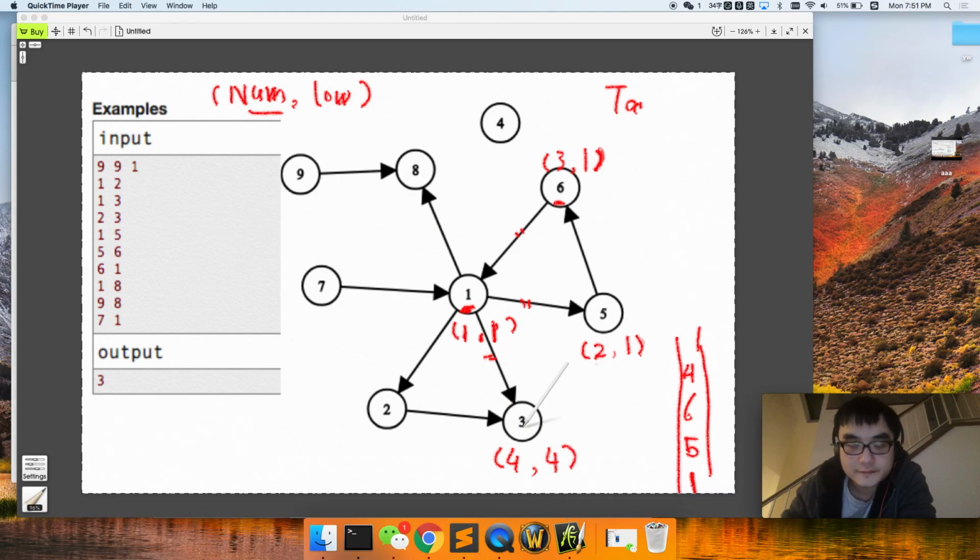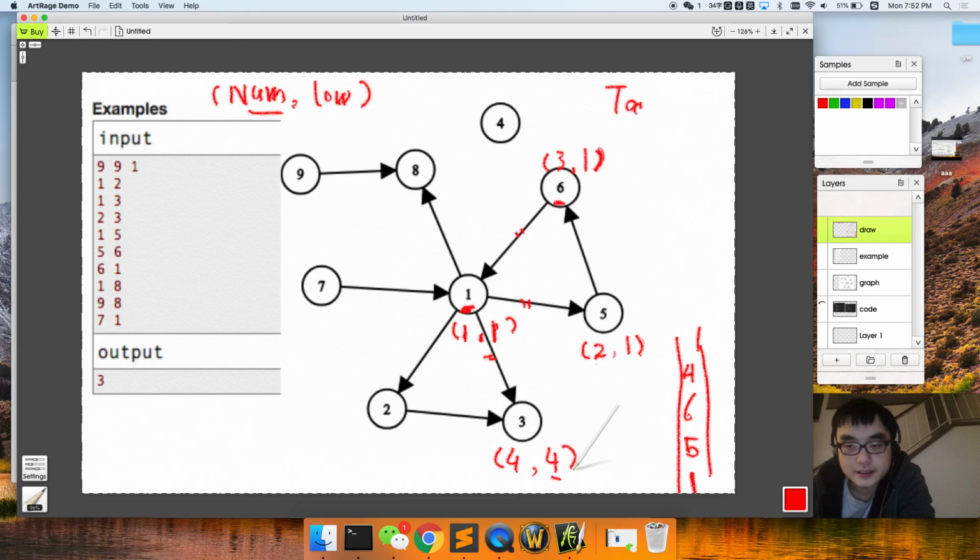Now we already visited all of node 3's out degrees, right? It has no out degree anymore. And let's check if its number equals the lowest number it can reach, right? 4 equals 4, so we are going to remove it from the stack and assign the SCC index to this node, right?